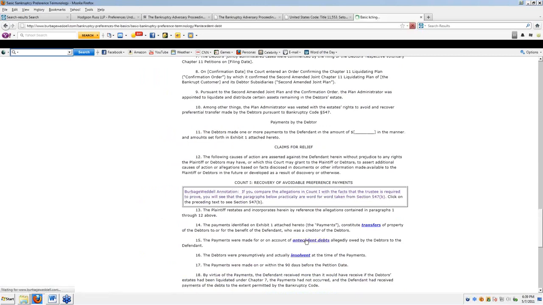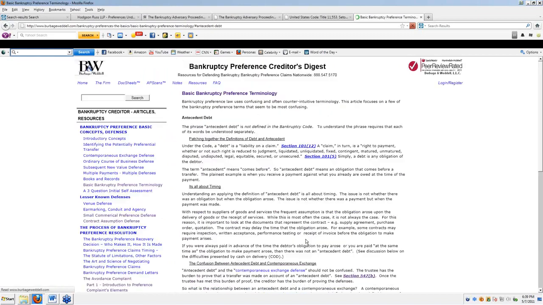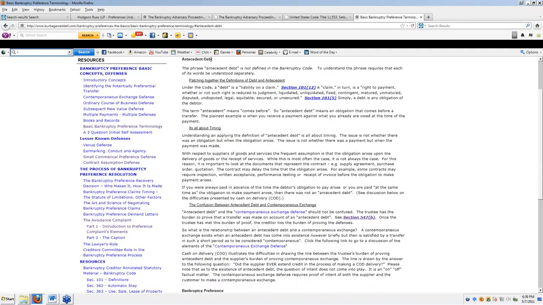Here's the definition that the court uses; you want to use these definitions. Read this, it tells you what it is. The phrase antecedent debt is not defined in the bankruptcy code. Understanding the phrase requires that each of its words be understood separately.